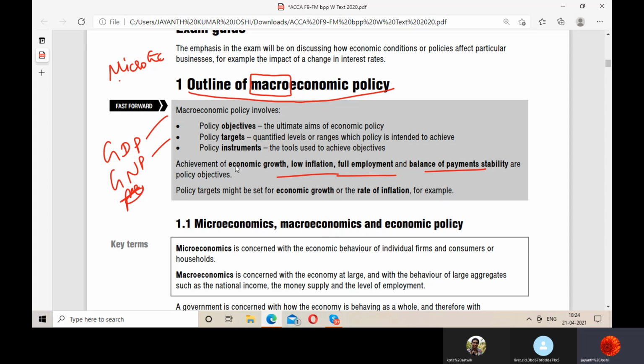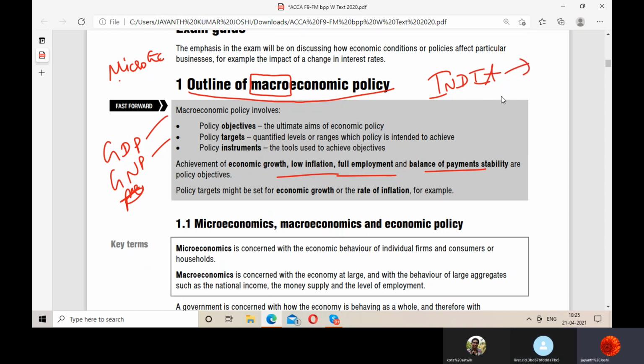So if we want to improve the economy's performance, if we want to achieve targets, we need to frame certain policies. Am I right? Every nation frames policies for achieving the objectives and goals which they have set.